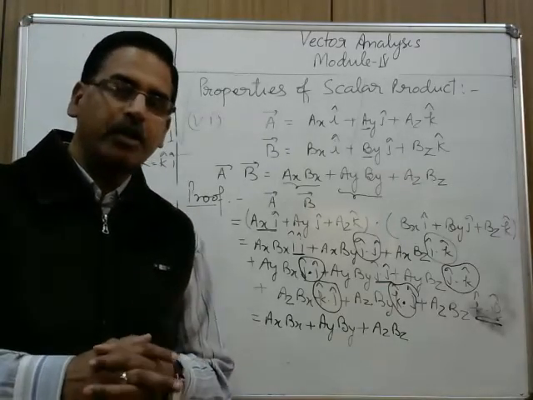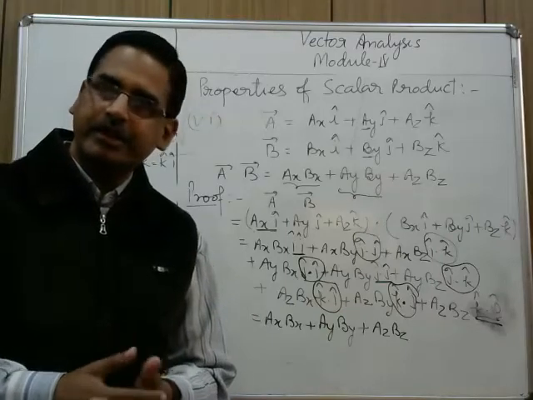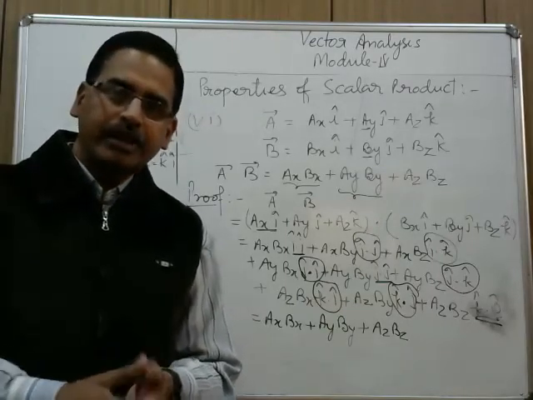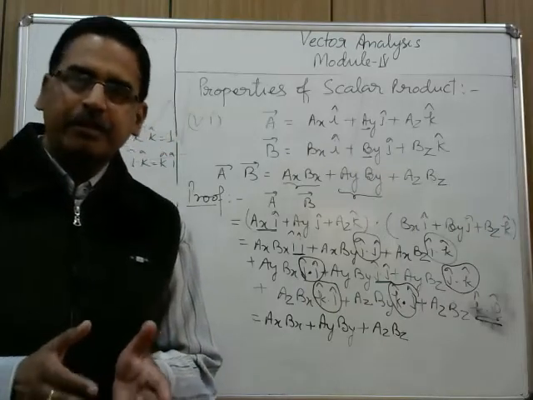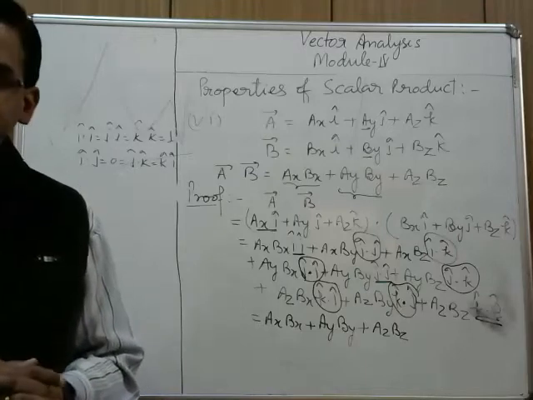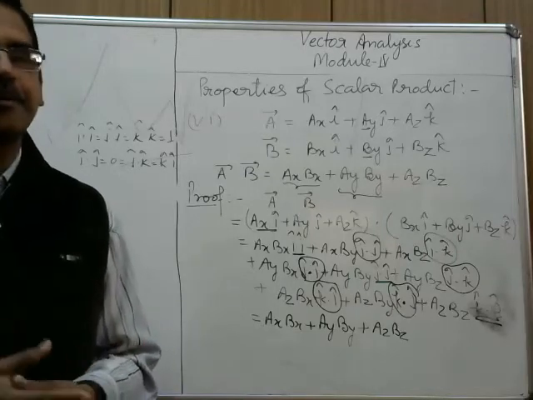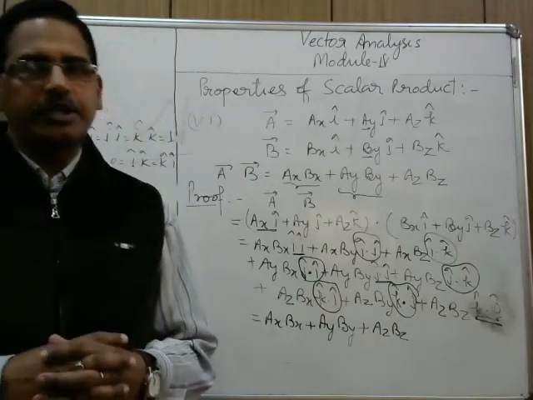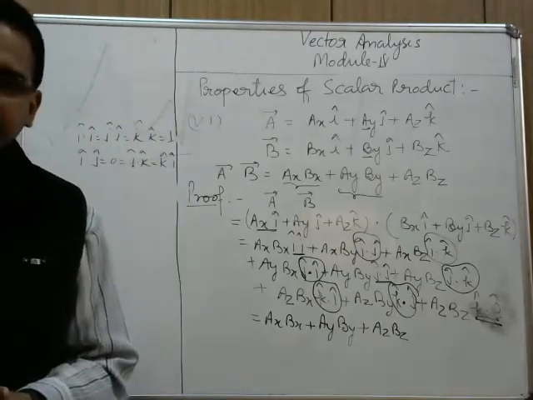Then the scalar product of orthogonal unit vectors. If there is a self product, that is i dot i, j dot j, k dot k, then their value is 1. Why is it 1? Because the self product gives the result as the square of its magnitude, and since unit vectors have magnitude 1, the square of 1 is 1. So i dot i equals j dot j equals k dot k is 1.